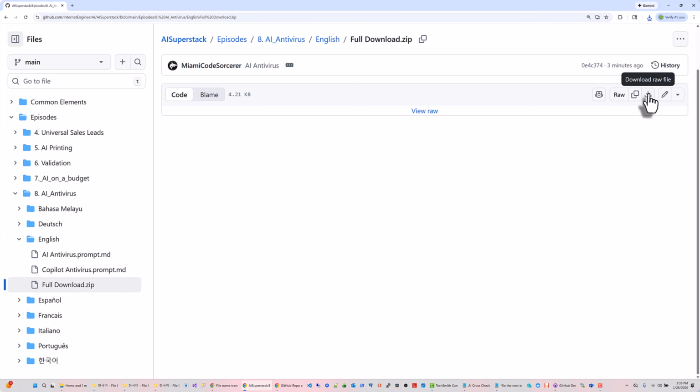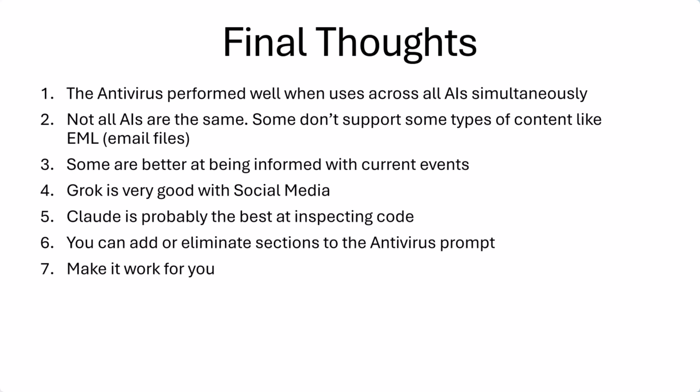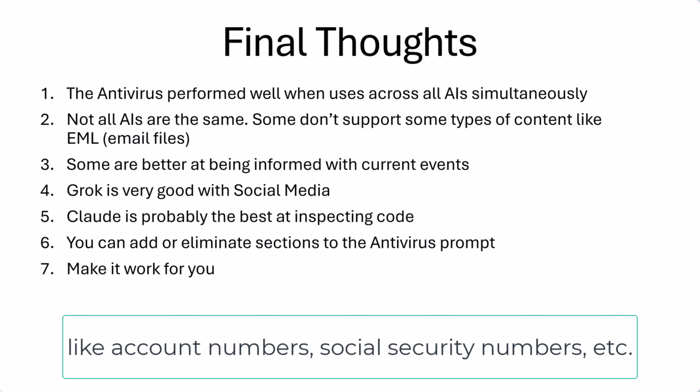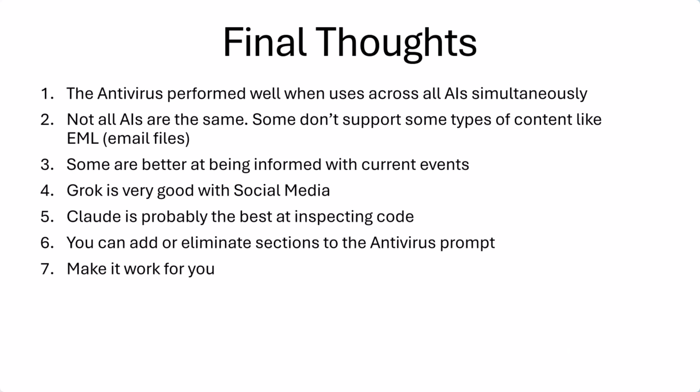The antivirus performs well when you use all of the AIs at the same time. And of course, not all the AIs perform equally. For example, some of them don't support EML files, which is probably the best way to scan an email, since it's able to see not only the link that you see with your eyes, but also the link that's hidden behind the HTML.